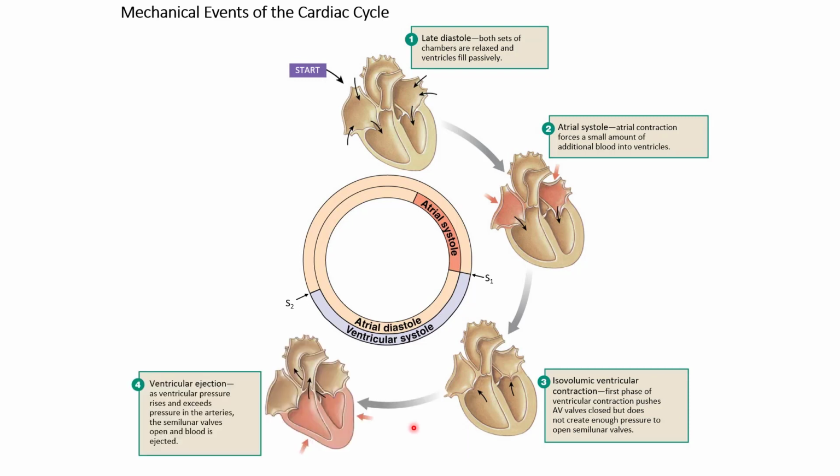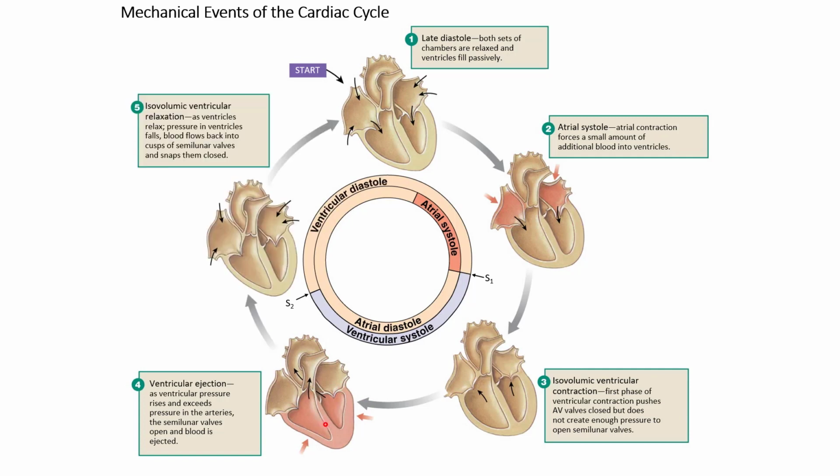Then, as that force builds and we have ventricular contraction and ejection, we open up the semilunar or aortic valve, and blood starts getting ejected from the heart. The same thing happens as we start to relax the ventricle.